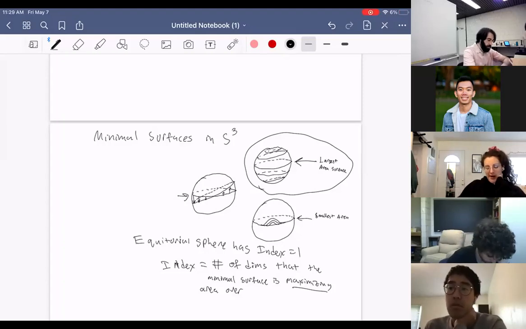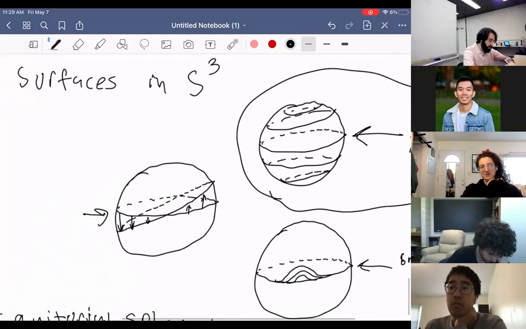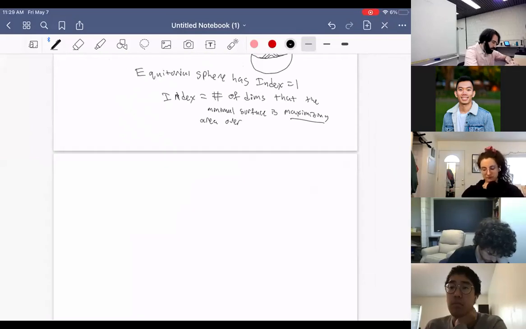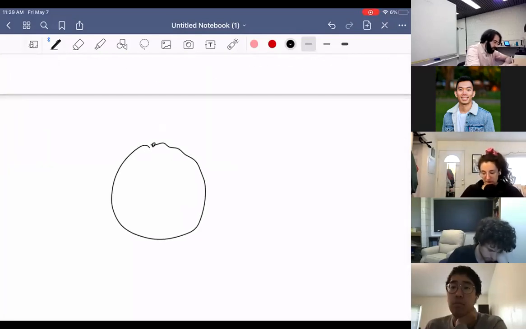One is the hard way with analysis, is to look at a sphere and to then look at all possible sweep outs of the sphere.